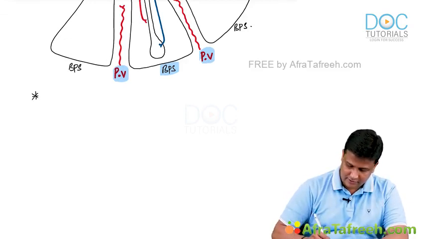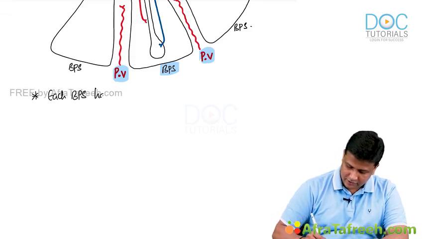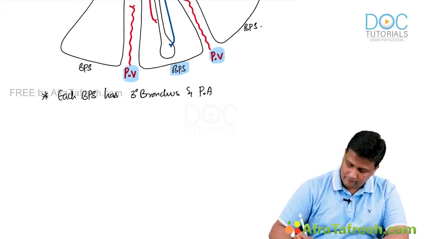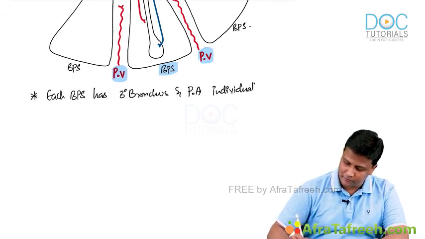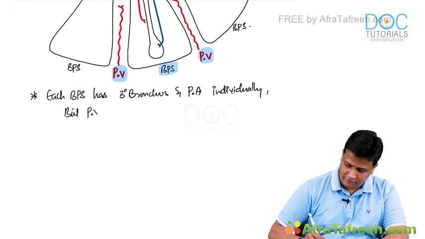Very important, guys. Each and every bronchopulmonary segment has a tertiary bronchus and a pulmonary artery individually. But the pulmonary vein is intersegmental.